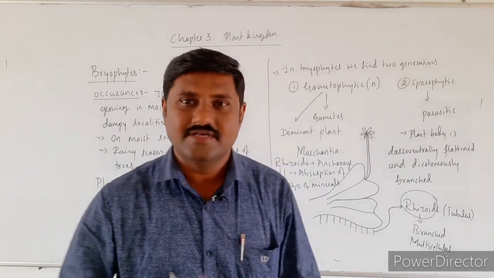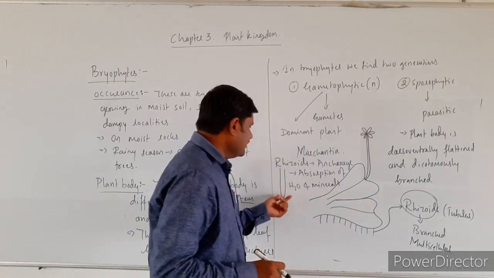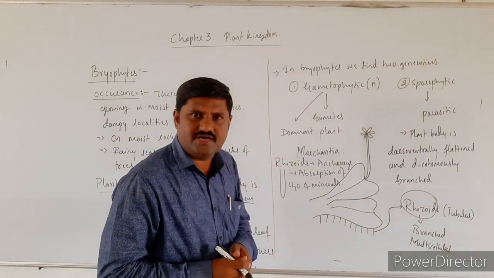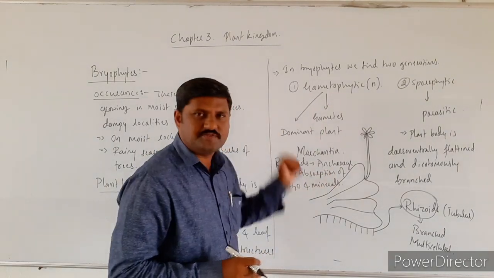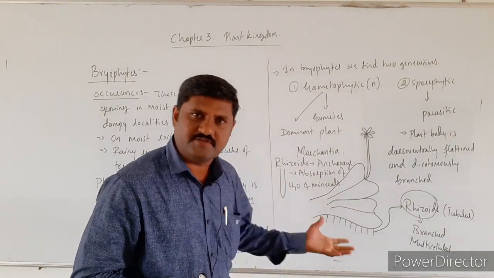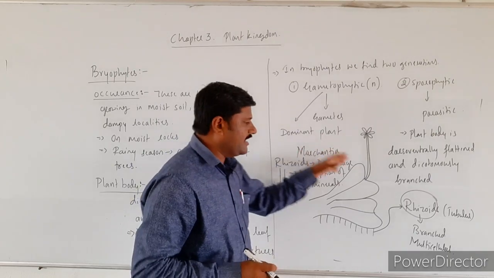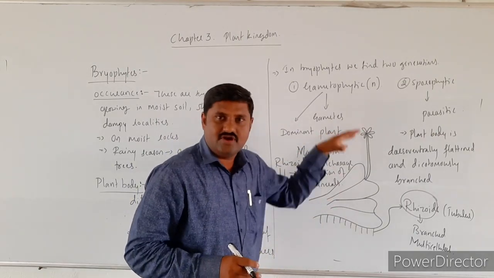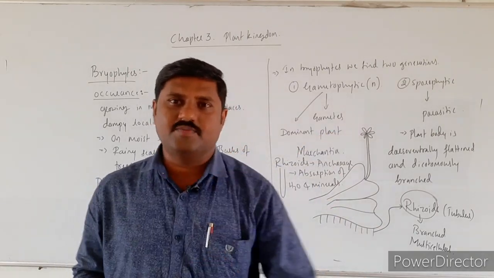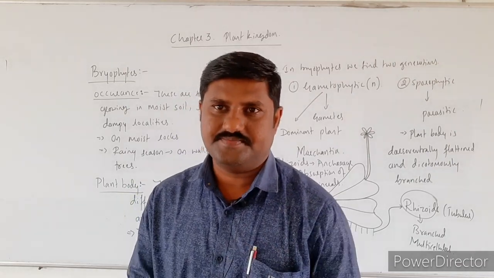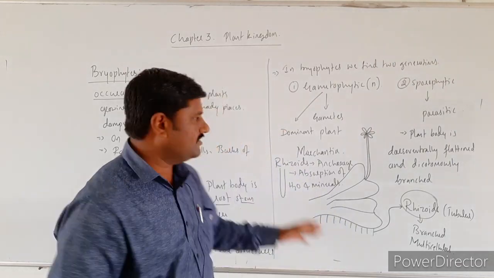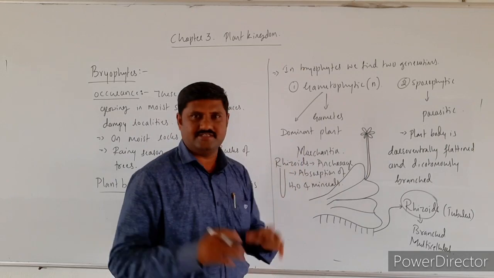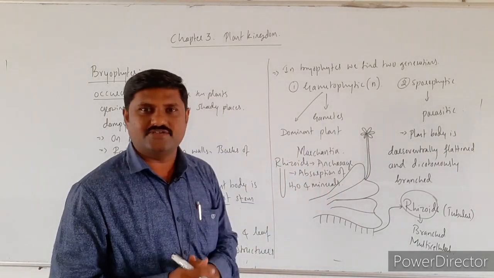That is why these are simply tubular structures that help in absorption of water as well as minerals from the soil, and even help in anchorage or fixing of the plant body into the soil. This is the function of these rhizoids.